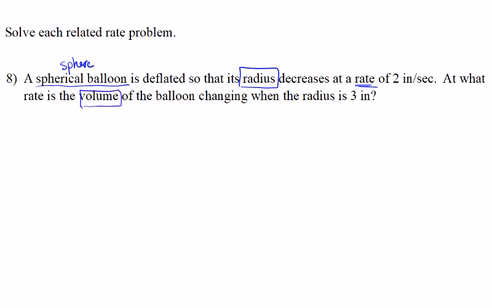So we want to find a formula that relates the radius and volume of a sphere. And luckily we have one. Volume equals 4/3 pi r cubed. All right, so that's our formula, taking care of all of our variables.